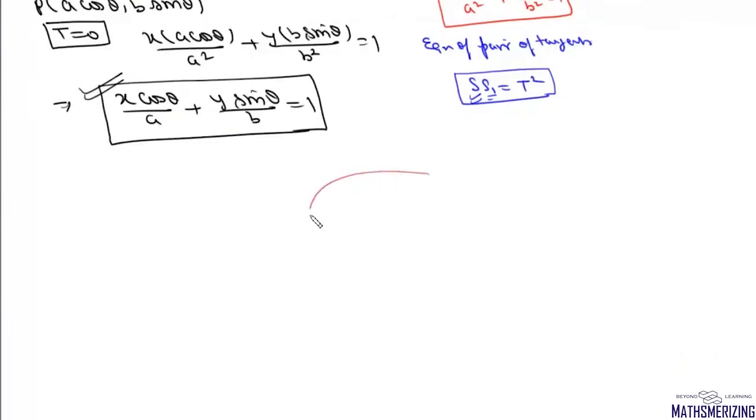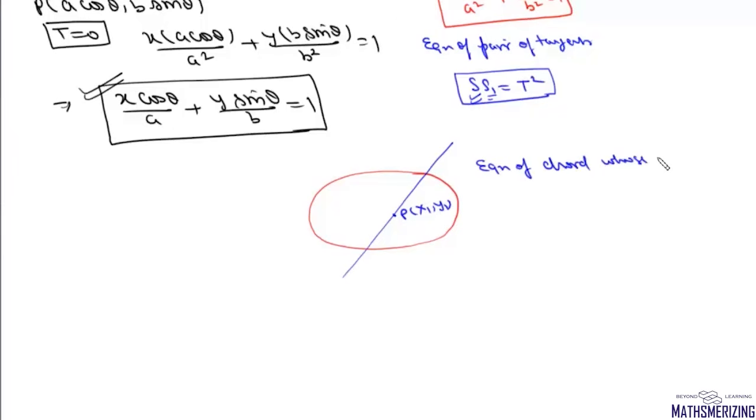So if in an ellipse we have a chord whose midpoint is say P, which is x1, y1, then we can write the equation of the chord whose midpoint is P, which is x1 comma y1, and this equation is given by T equals S1.